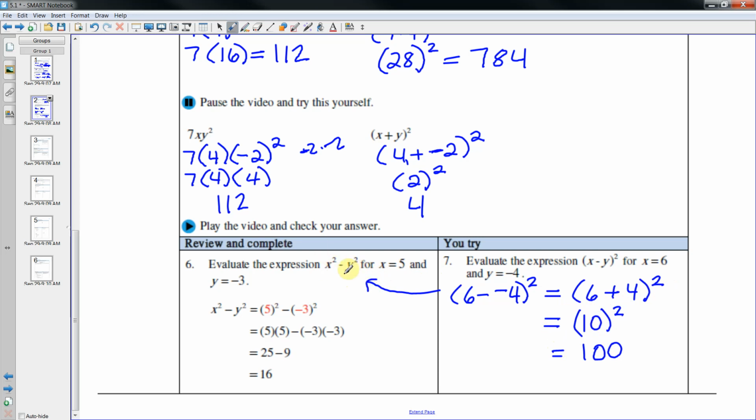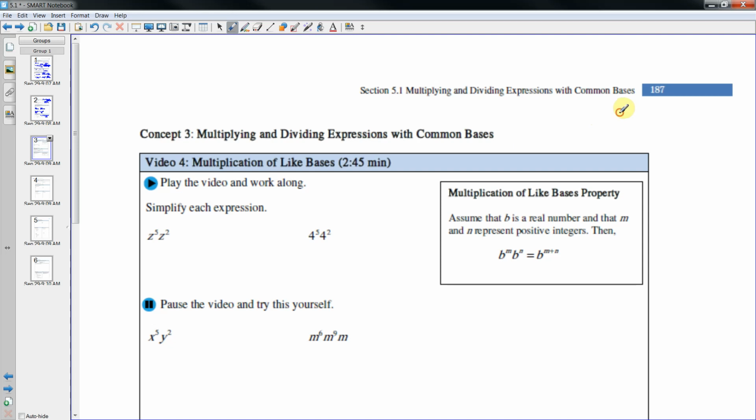The example did not have parentheses, so it had 5 squared minus a minus 3 squared. So you had to do the minus 3 times minus 3 and get 9. So you had 5 times 5, which is 25. So 25 minus 9 is 16. A little bit different. You've got to watch your parentheses. It's so, so important.